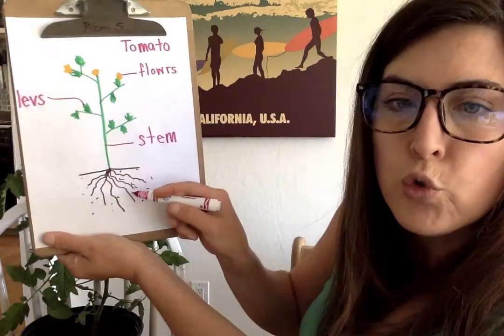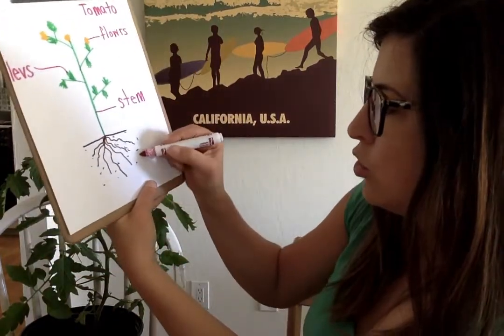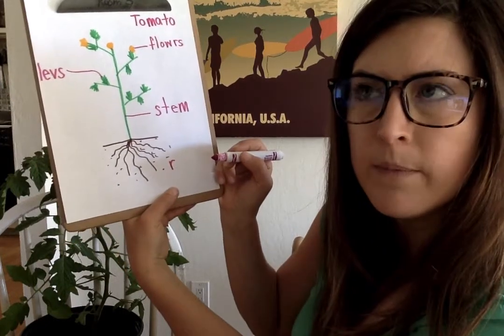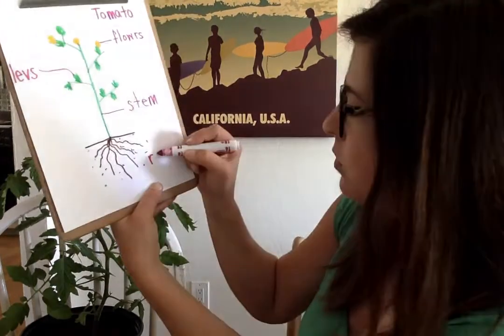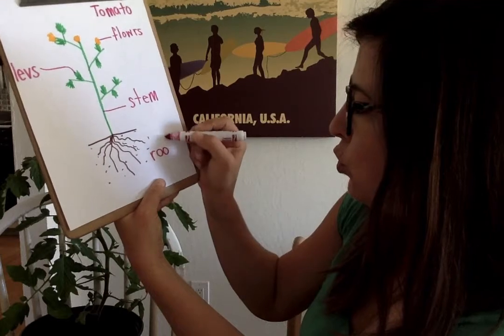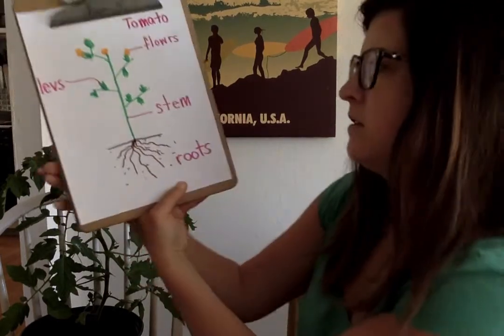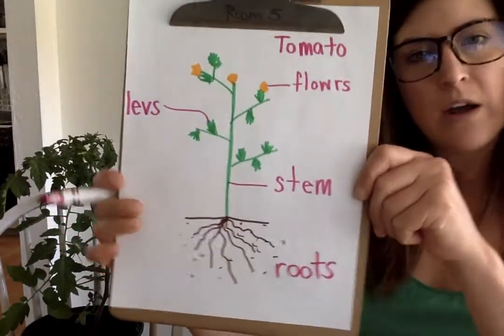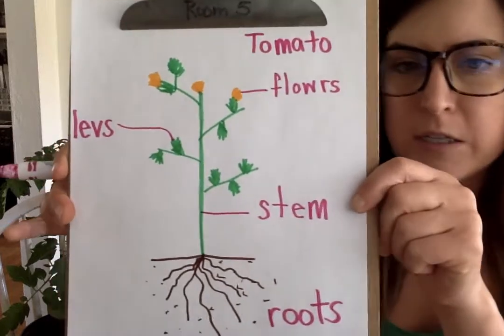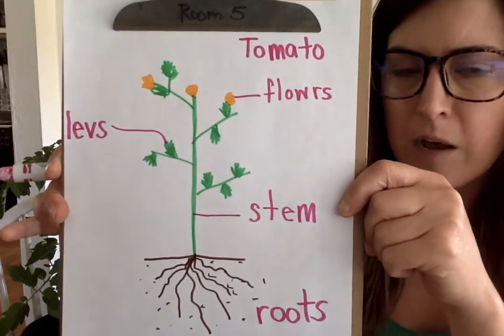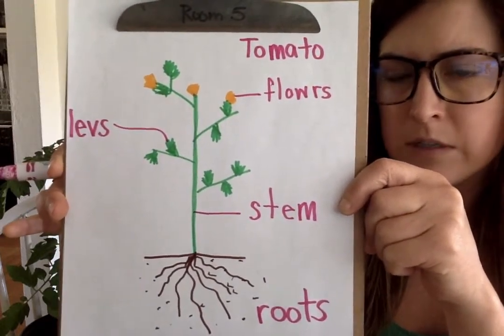And roots. Ooh. What says ooh? Two O's. Roots. So now I've been a biologist taking precise notes about what's growing at my house.